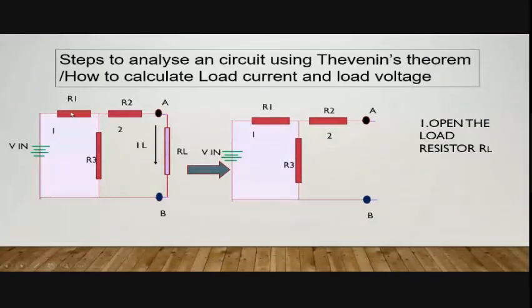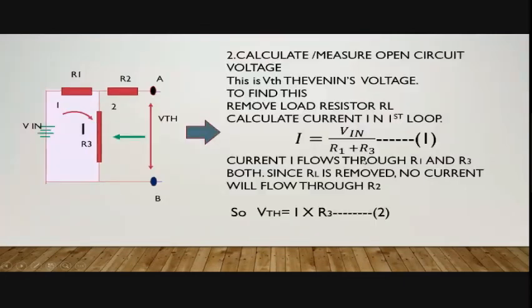We are going to replace this entire circuit, V in, R1, R2, R3, between the points A and B. We are going to connect only one voltage source VTH and one resistance RTH. Okay, so let us see how the circuit looks now.